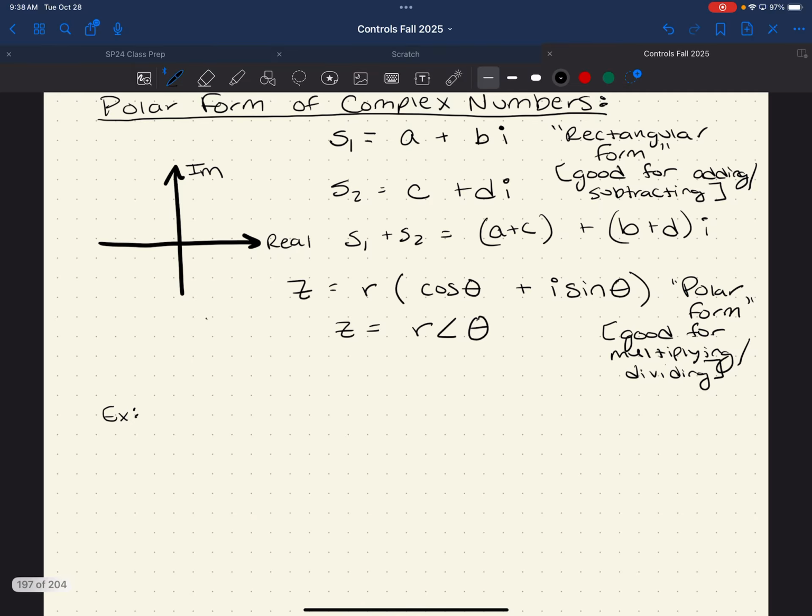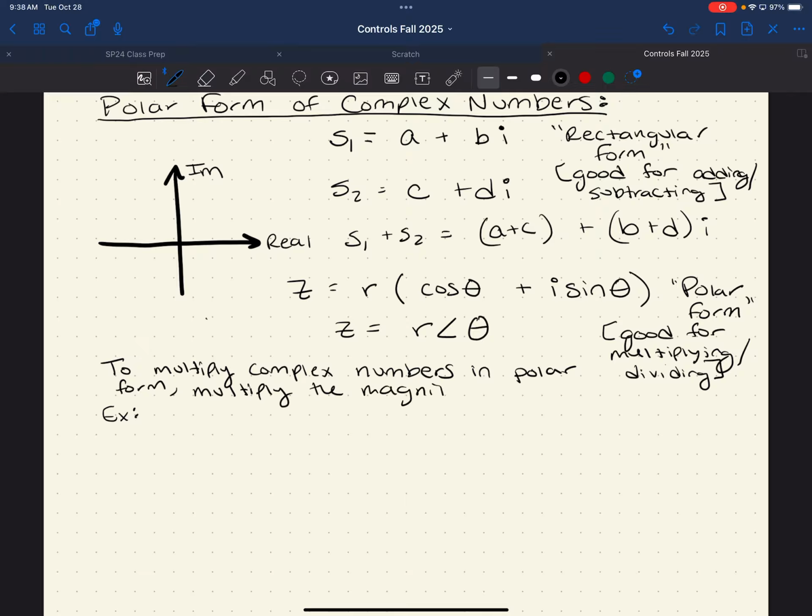Okay, so if I want to multiply complex numbers, it's very easy in polar form because in polar form, I simply multiply the magnitudes and add the angles.